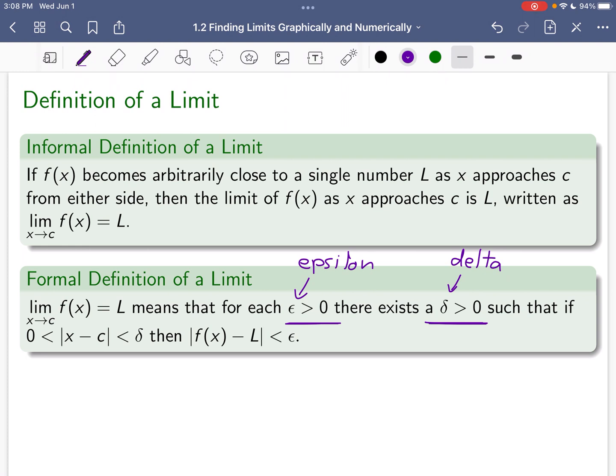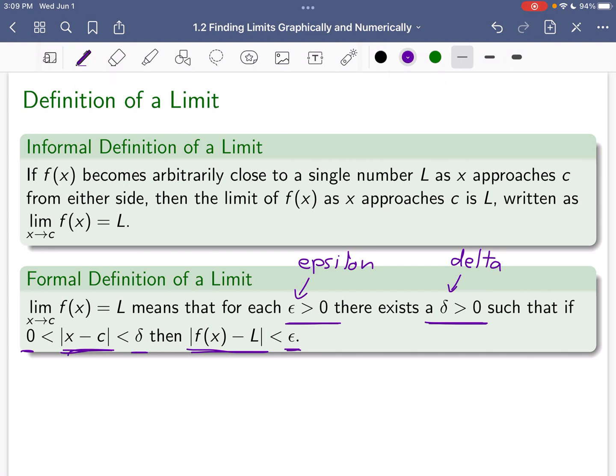For each epsilon greater than 0, there exists a delta greater than 0, such that if the absolute value of x minus c is bigger than 0, but smaller than delta, then the absolute value of f of x minus L is going to be less than epsilon.